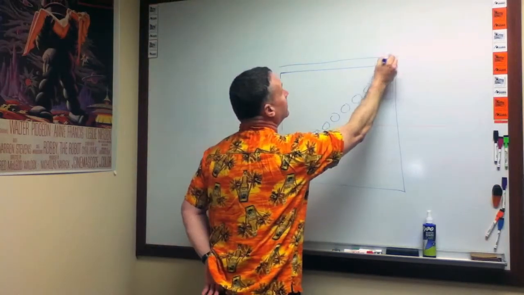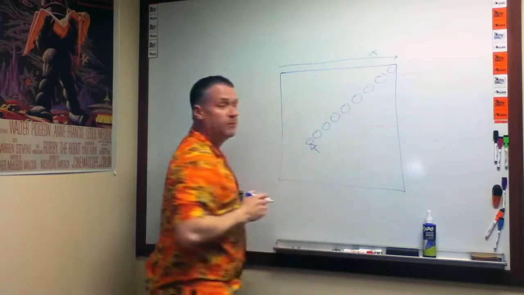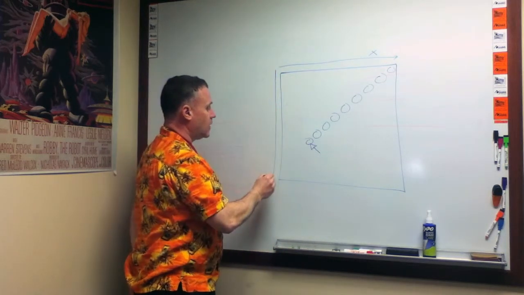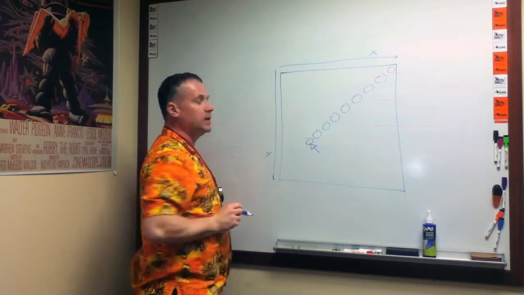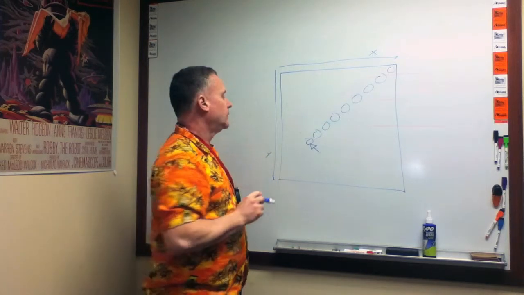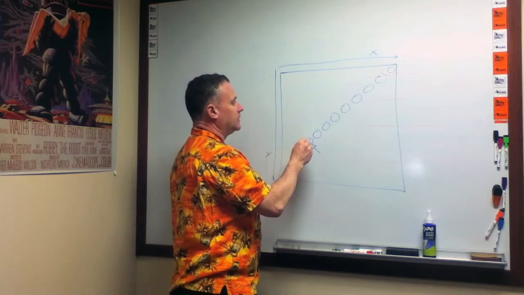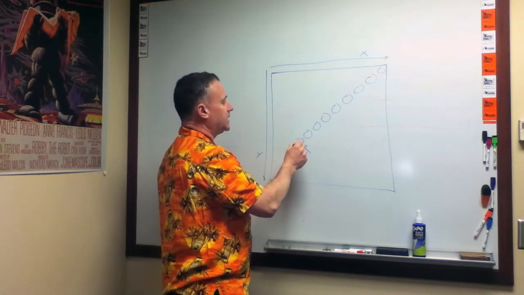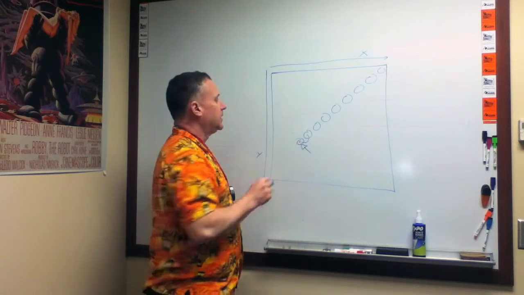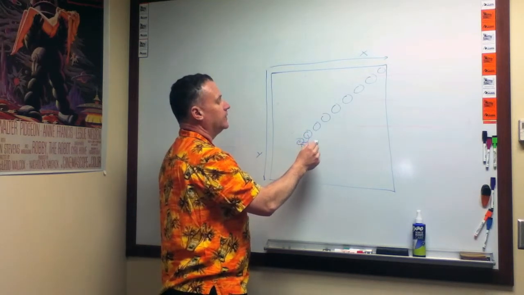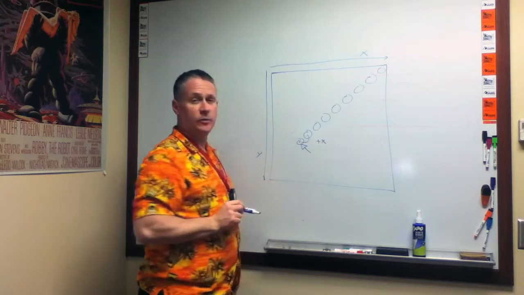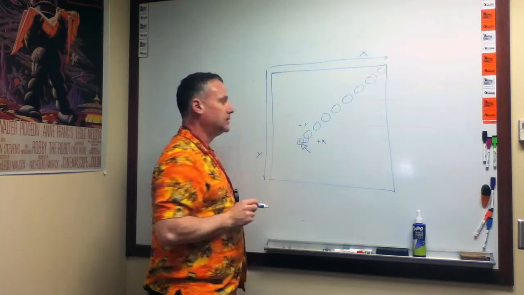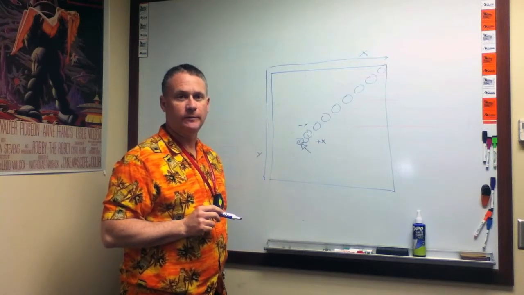Remember that our x coordinates get bigger as we go to the right, and our y coordinates get bigger as we go down. So if I imagine this center circle right there, to get to the next point for the next circle, I'm going to have to add to the x variable, or x dimension, and subtract from the y dimension.